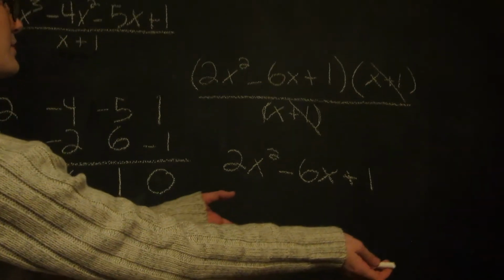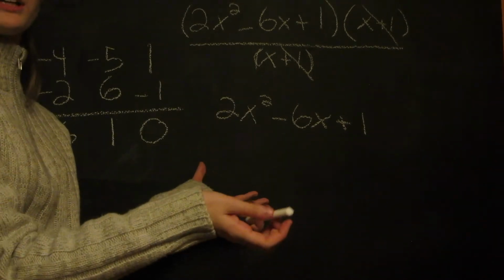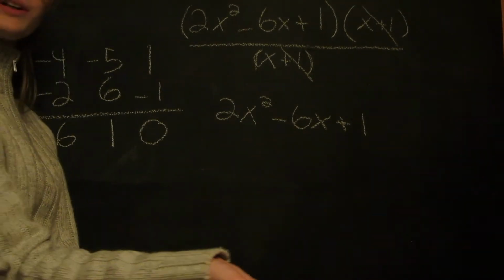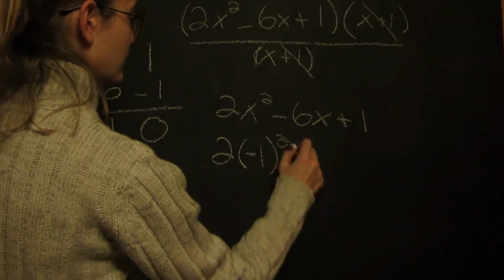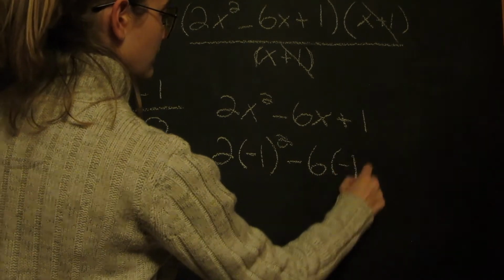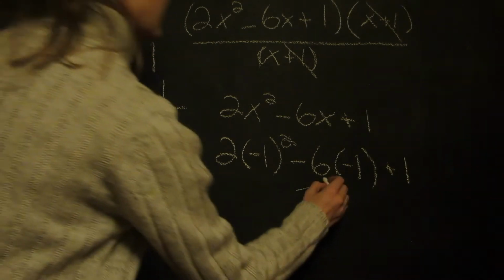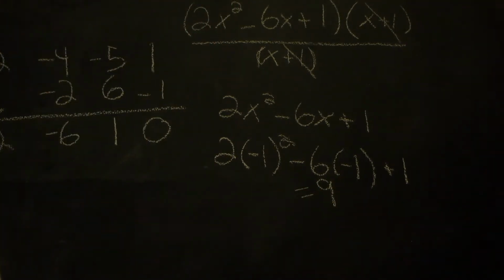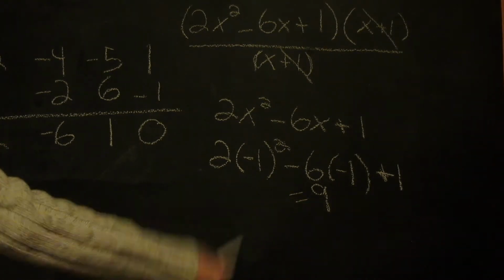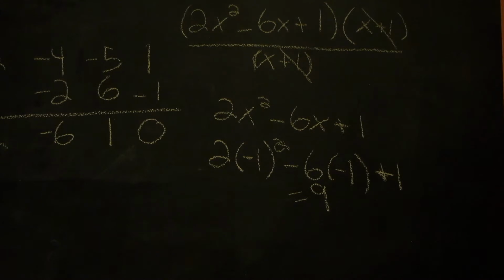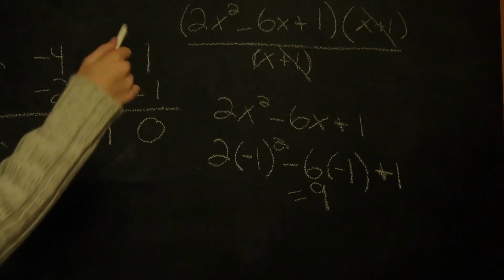And the next step that we're going to be doing is plugging in the number that x is approaching to find what the limit is going to be. So we plug in -1 again, and that equals 9. So now that we've come up with this 9, that is the limit as x approaches -1 of 2x cubed minus 4x squared minus 5x plus 1 over x plus 1.